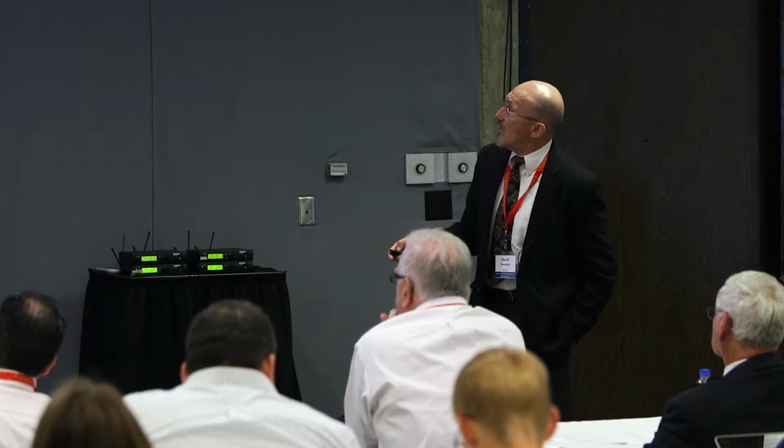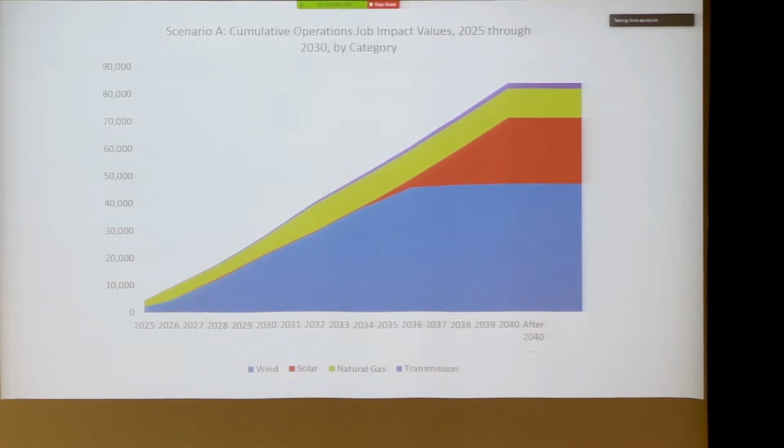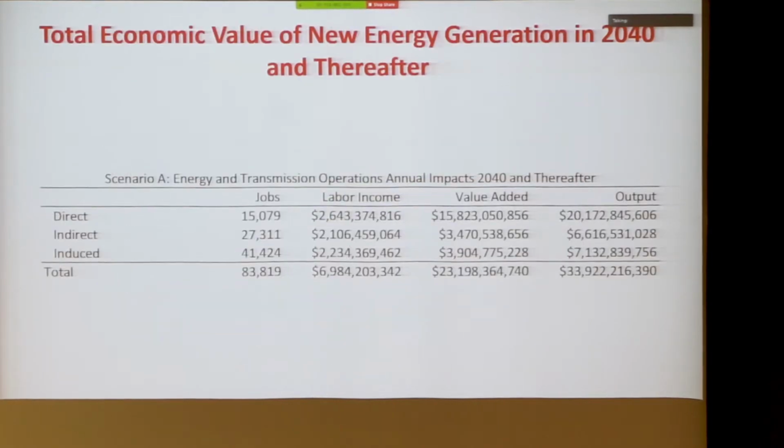And let's work our way through this. This is what it looks like. This is wind operational jobs, plus solar, plus the natural gas, which mostly all occurred at the beginning. And then the transmission jobs. There are not very many transmission jobs per $1 billion of investment. They're very lean on that side, according to the NREL data.